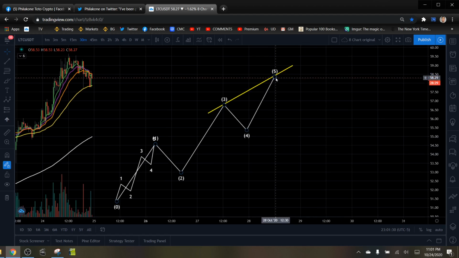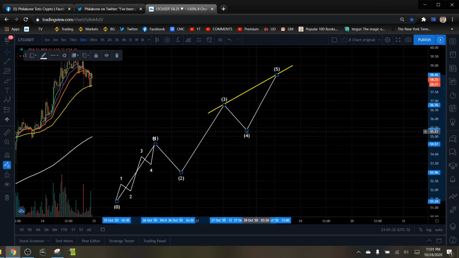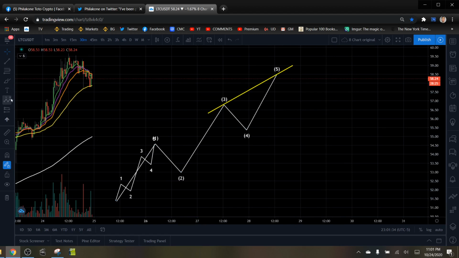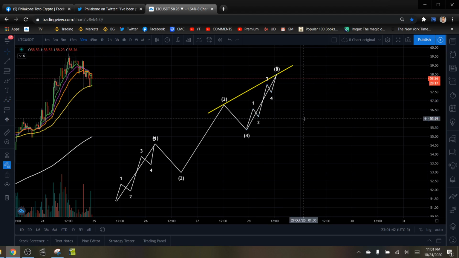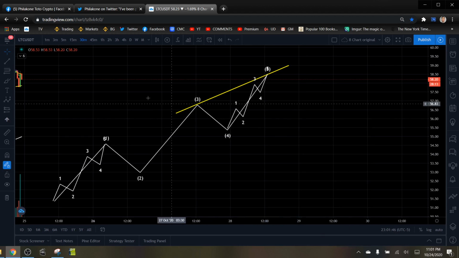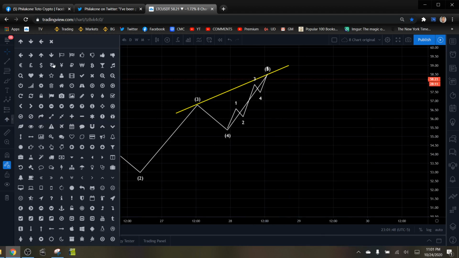Now, if you want to time it even better, right, other than level 2, we're going to leave that out of this discussion. We're talking about analyzing it in the smaller fractal on the very last fifth wave going up, okay? And what you want to really do is you want to catch these.